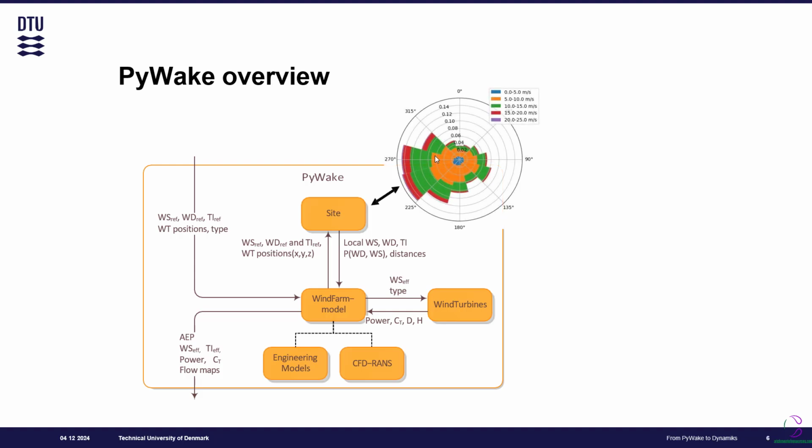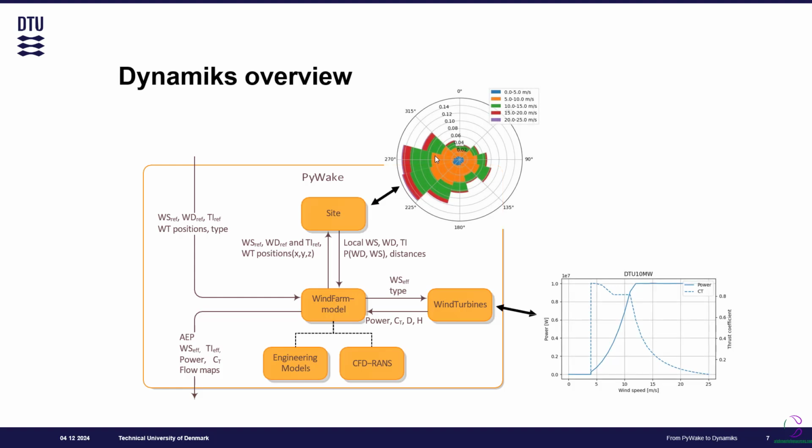So for the PyWake overview, when you have the site, you might have a wind rose that shows how the wind behaves in a particular location: the direction of the wind, the average wind speed, the maximum and the minimum. Everything comes up as this wind rose, which is what is used within the analysis.